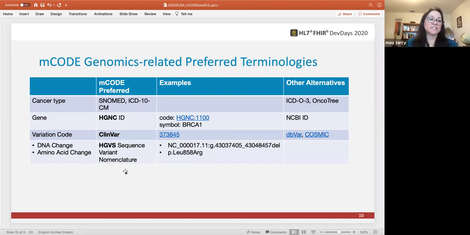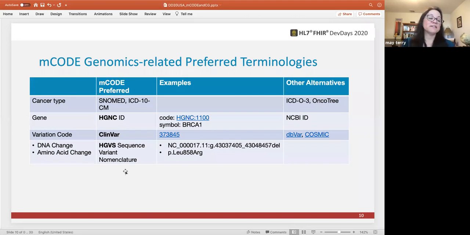What we originally had with mCODE's release is that originally was really tight, and then we realized in working with the HL7 Genomics Working Group that there probably needed to be a loosening, because there could be quite a number of alternative terminologies that do apply within the genomic space, especially in the case if you are working, say, on the research side.